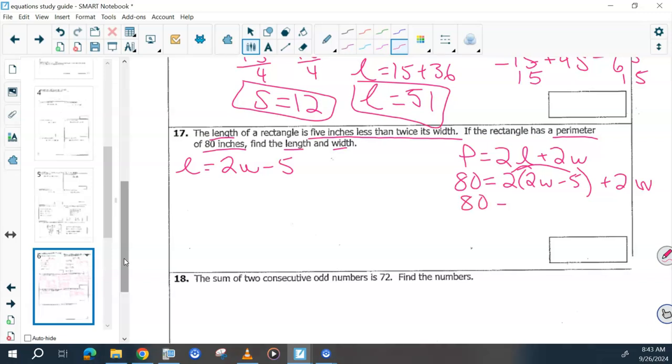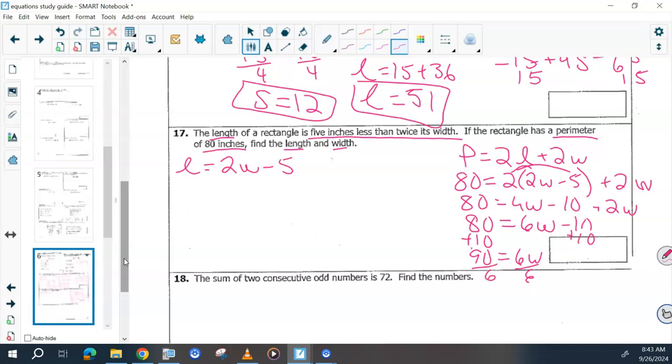So we get 80 equals 4W minus 10 plus 2W. Combine your like terms. Do exactly what it says. 4 plus 2. Get rid of 10 by adding it to the other side. And divide both sides by 6.